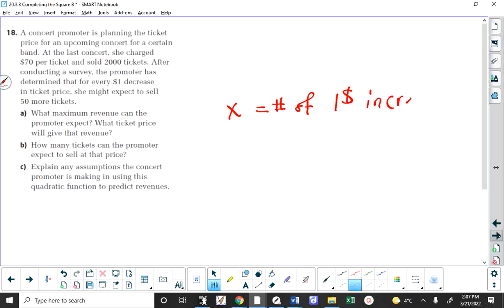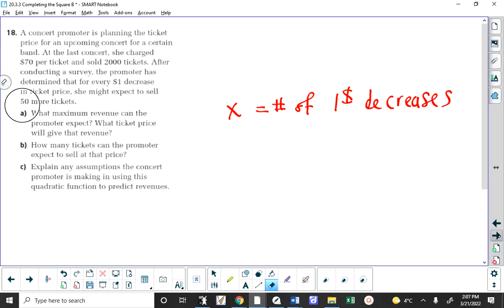Now I want to be very careful here, because, Sasha, if this said for every $2 decrease, then we would have said X is the number of $2 decreases, okay? So it isn't that X is always the increase or decrease in ticket price. It's the number of, I call them bumps. It's the number of bumps in the ticket price or drops in the ticket price.